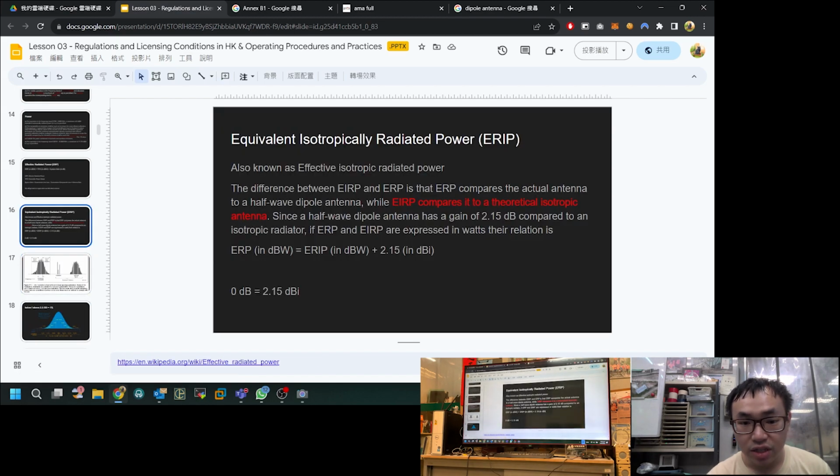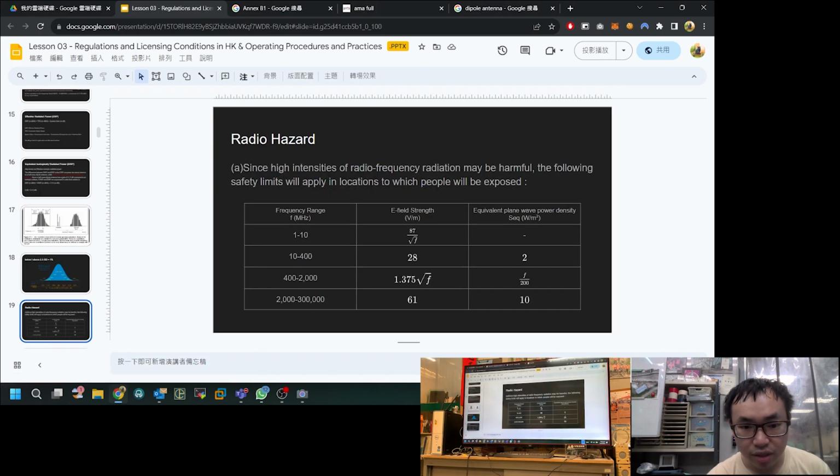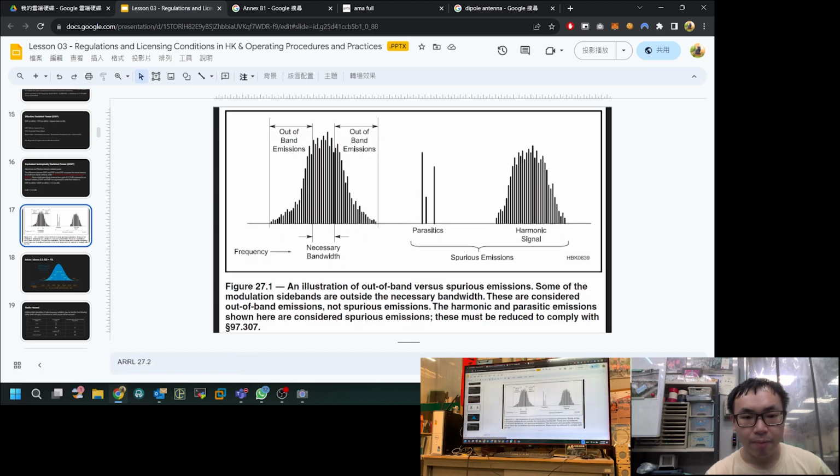Okay, and one more thing to talk about. Oh, how come I missed my slide? But never mind. There is one line saying that the band you are using should cover more than 99% of your signal strength, the emission power. The out-of-band emission should take less than 1%.